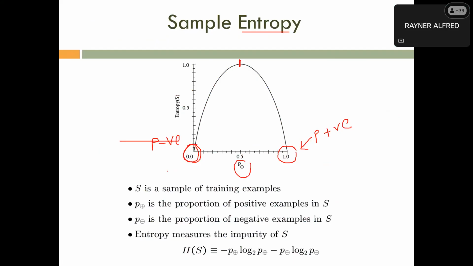So the total entropy for your data set would be the combination of the positive and the negative here. This one looks familiar from your previous lecture.